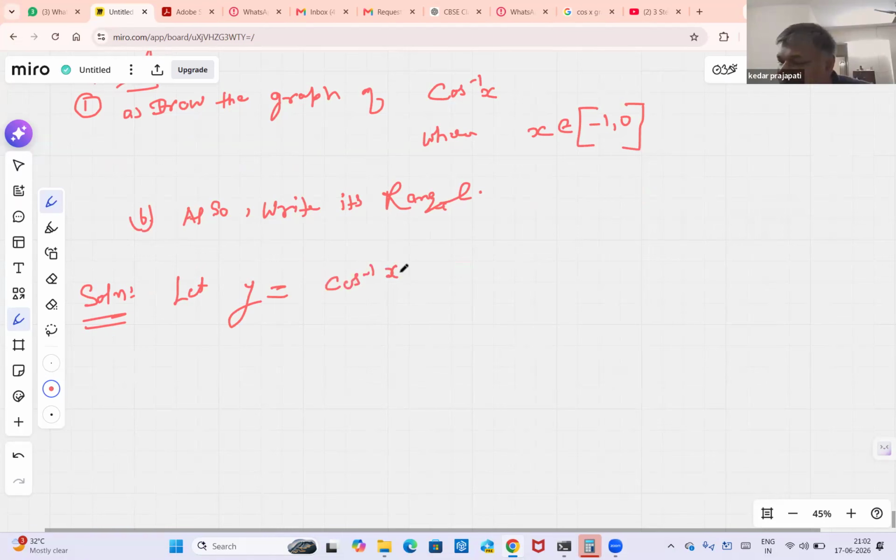And they have given you the value of x. So when x equal to 0, what will be my y? Y will be cos inverse 0.